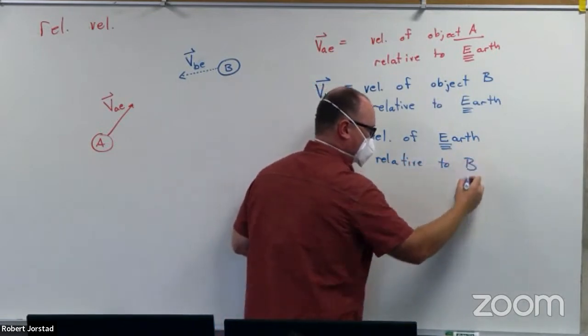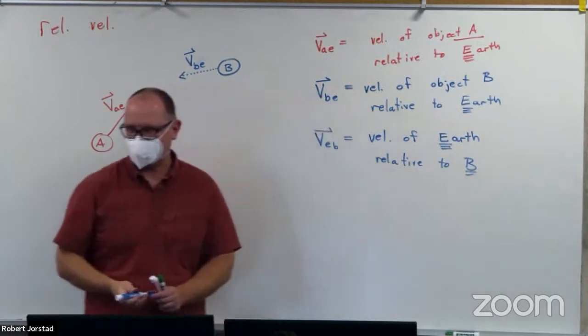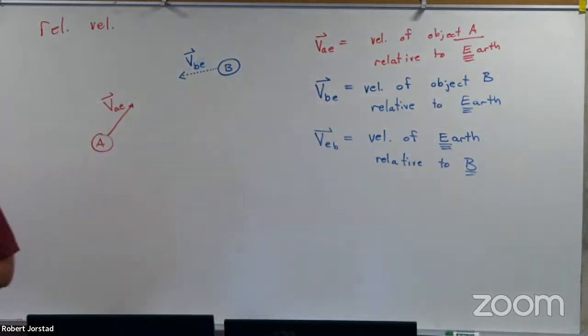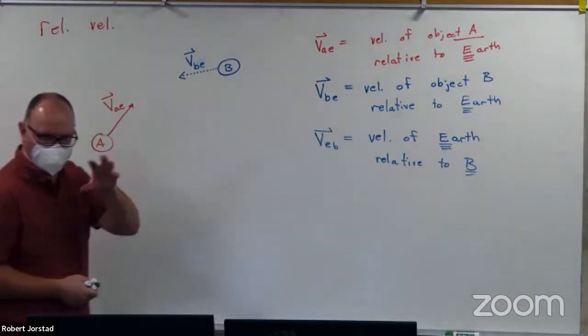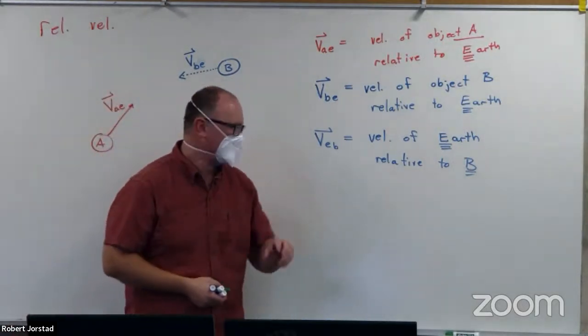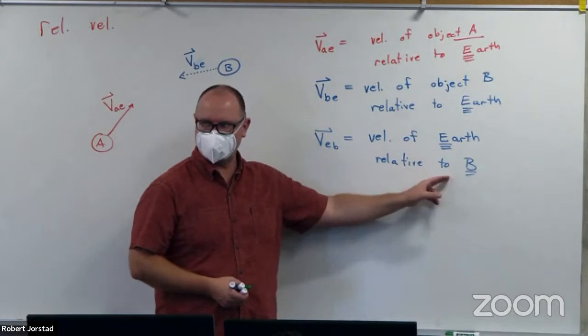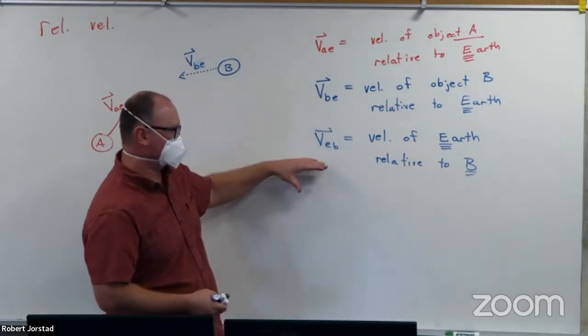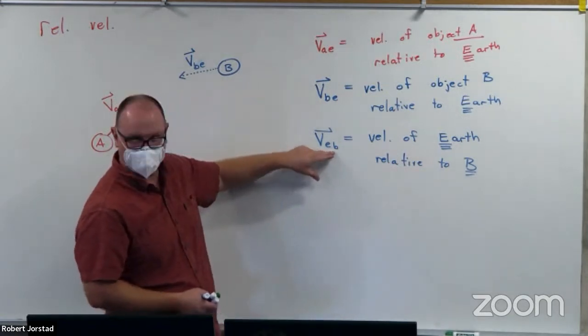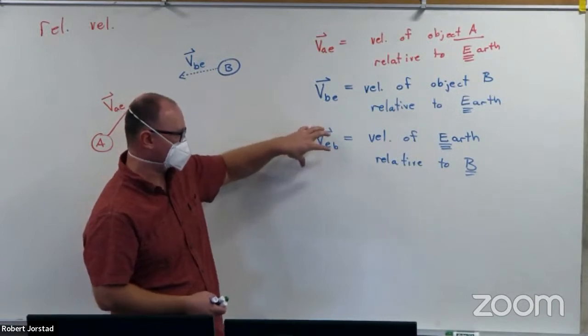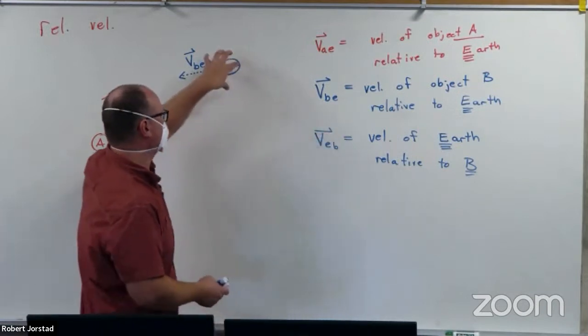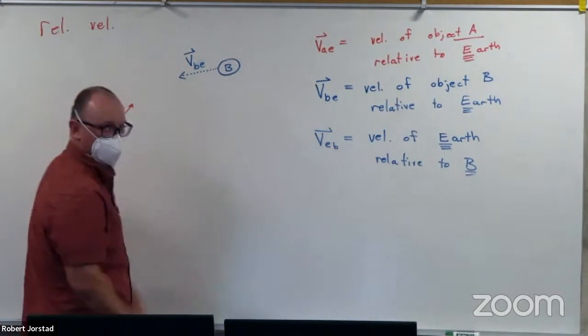You can think of that in the simulations that we did. That's like the velocity of the coordinate system. Remember how sometimes we saw the coordinate system was moving around? This is like the velocity of the coordinate system relative to object B. So if you're in the drone tracking with object B, following, hovering directly above B as B moves around here, the coordinate system would be moving, right?